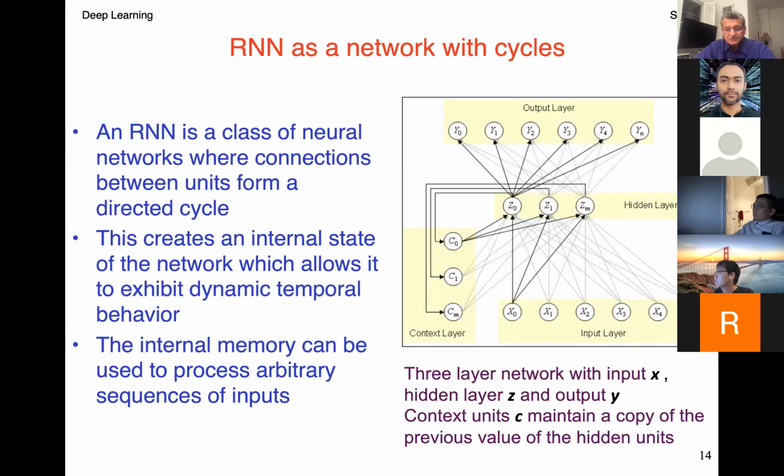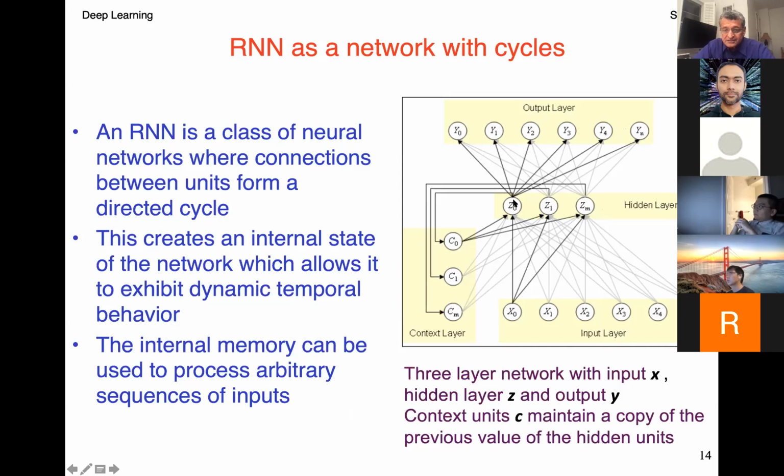RNN as a network with cycles. We can think of a simplistic diagram with x naught through xn as the input layer, feeding a simple recurrent neural network where a hidden layer produces the z's, and then we have an output layer y.